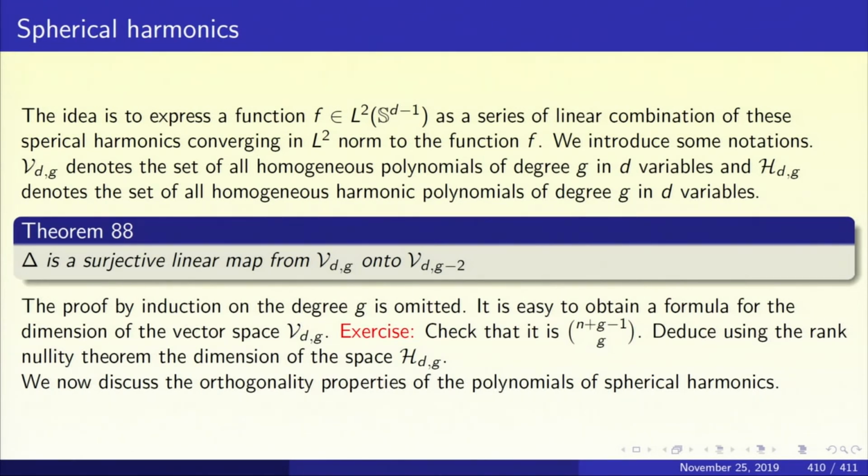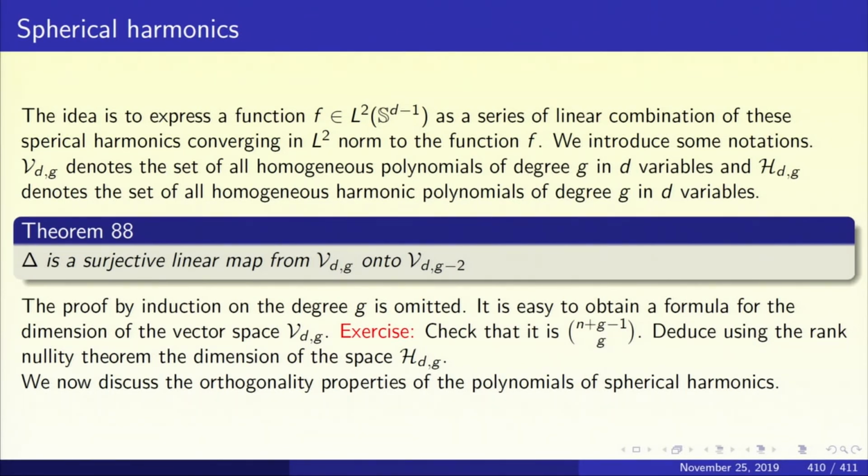Let us introduce some notation. Script V_d^g denotes the set of all homogeneous polynomials of degree g in d variables, and H_d^g is the set of all homogeneous harmonic polynomials of degree g in d variables. Clearly, V_d^g is a vector space and H_d^g is a vector space.